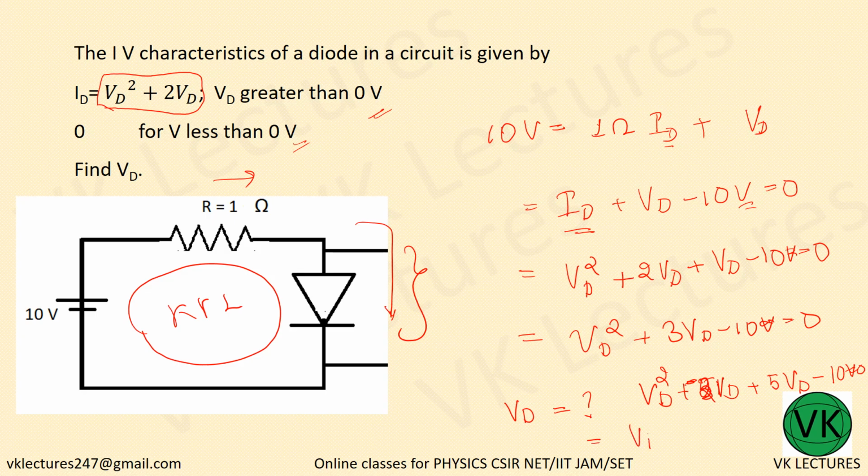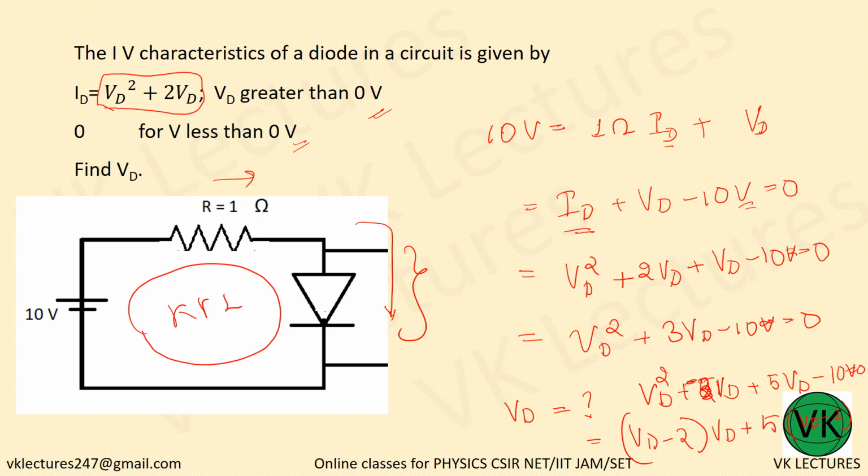Now VD into (VD minus 2) plus 5 into (VD minus 2).